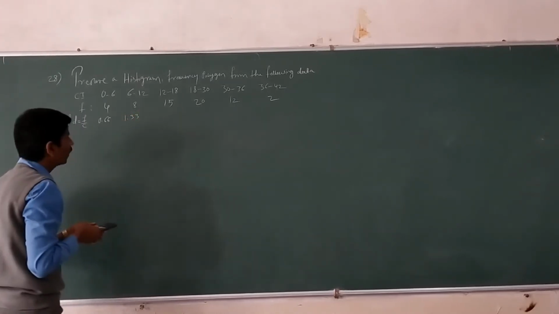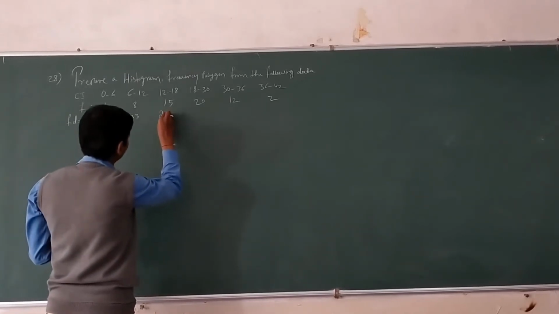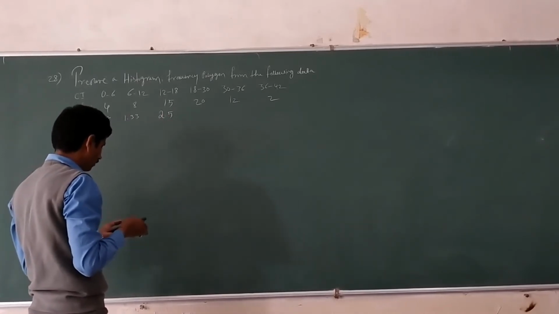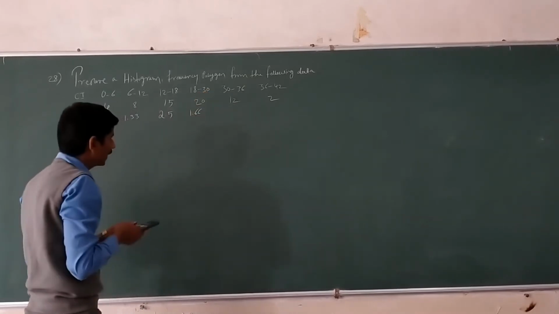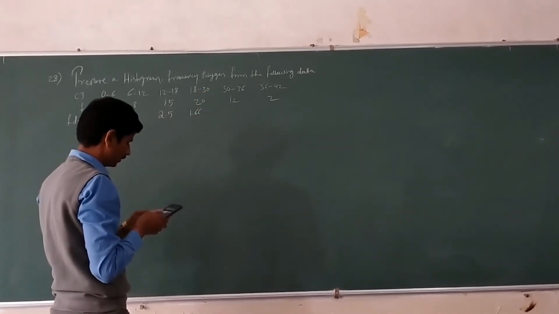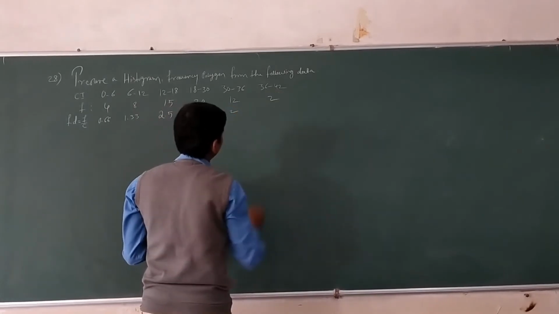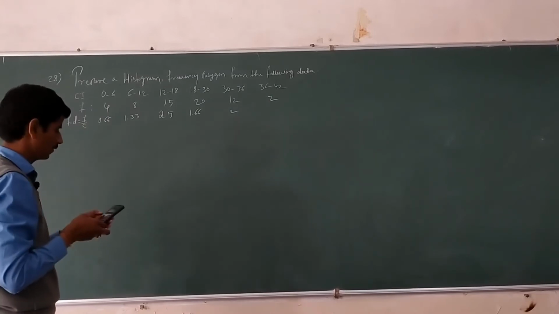The next, 15 divided by 6, 2.5. The next, 20 divided by 12, 1.66. The next, 12 divided by 6, 2. Then 2 divided by 6, 0.33.